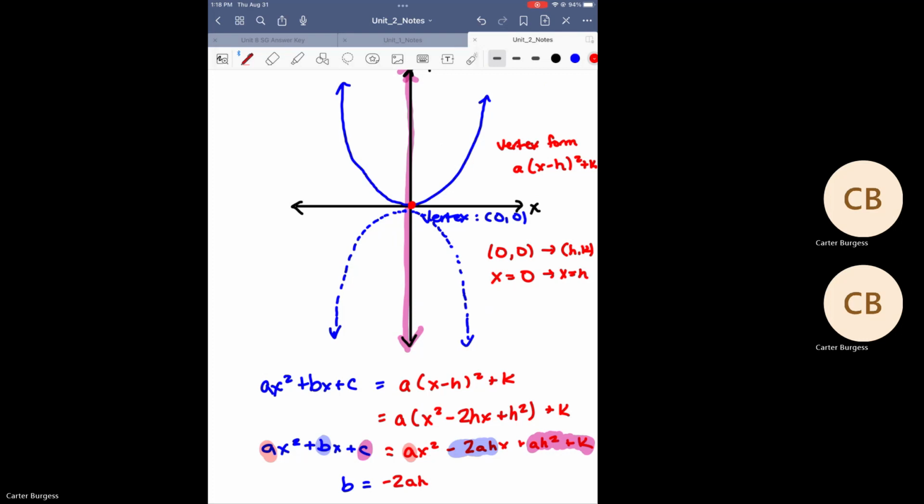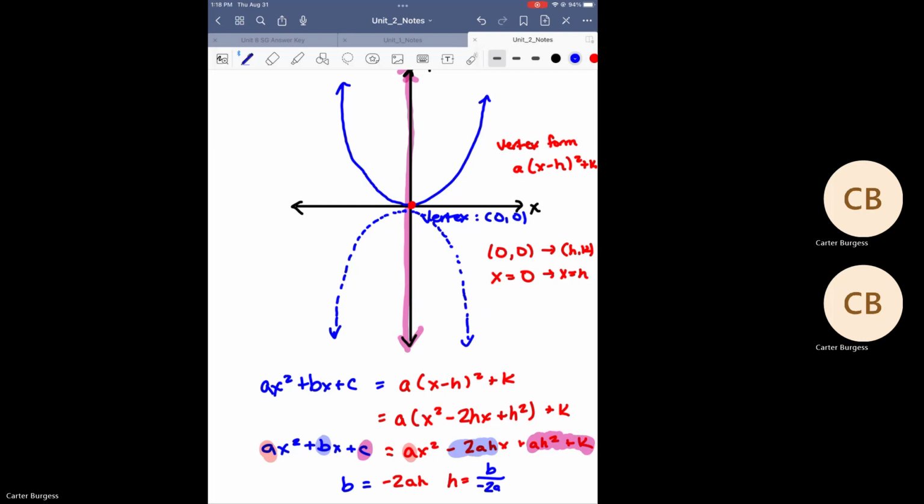Because if we solve for the actual value that we care about, we don't care about b, we don't really care all that much about a. What we care about really here is figuring out what is h. Solving for h, we get that h should be equal to b divided by negative 2a.